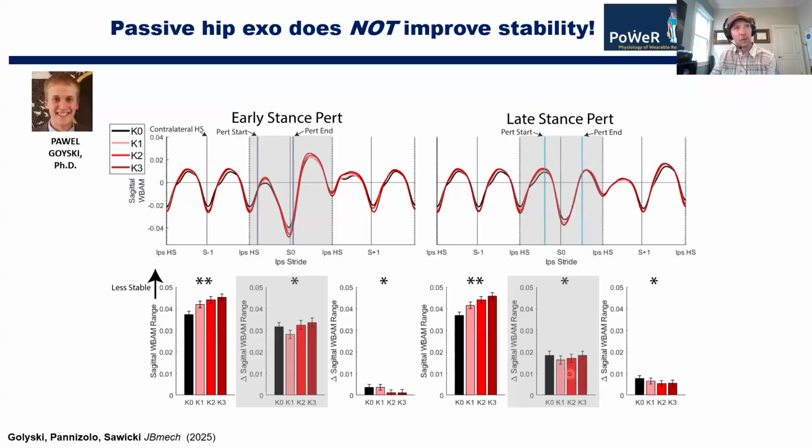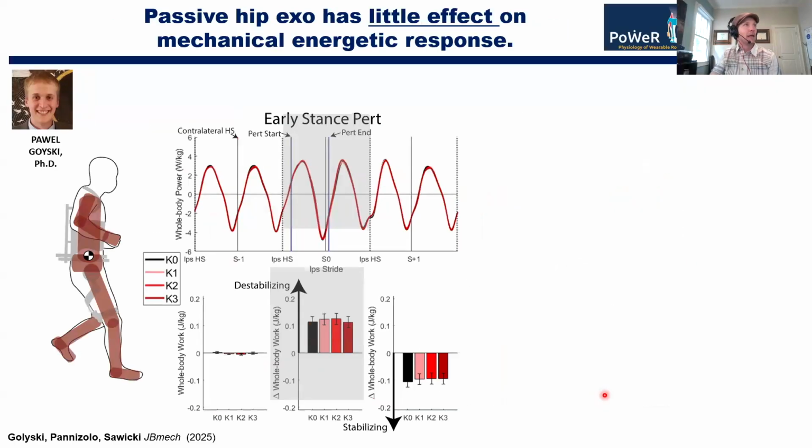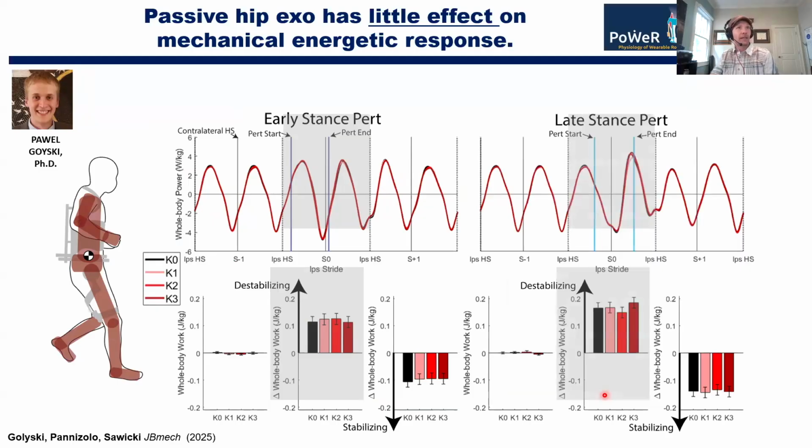The key thing that we were looking for is whether or not the springs of different stiffnesses can reduce the whole body angular momentum below this black bar, which is the amount that the whole body angular momentum changes due to the perturbation. And the answer was no. So that was kind of a bummer. And then we also looked at the mechanical energetics just to check another way of measuring stability. And we also found the answer that no, none of the exoskeletons were able to attenuate changes in the mechanical energy due to the perturbation.